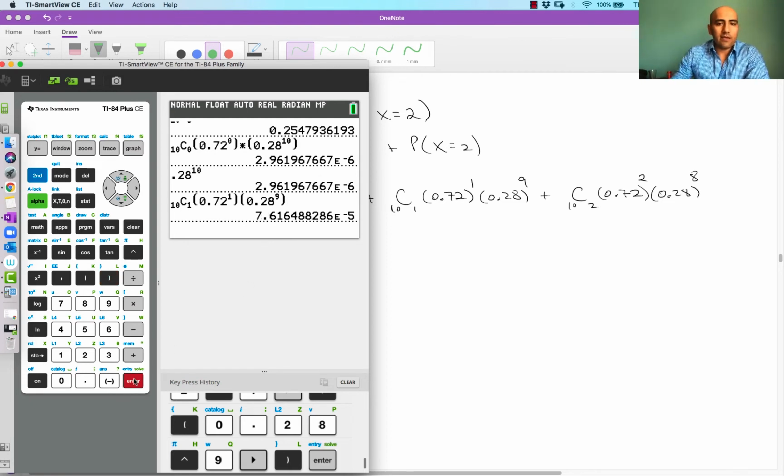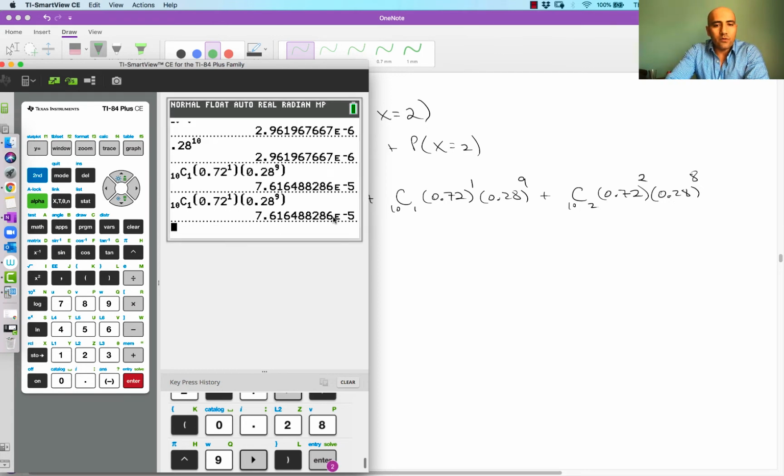Let's multiply that out, and we get that. So a little bit smaller. It's still a scientific notation, still represents a very small value. And we move the decimal over 5 spaces, which means we'll have 4 extra zeros there. And 76.